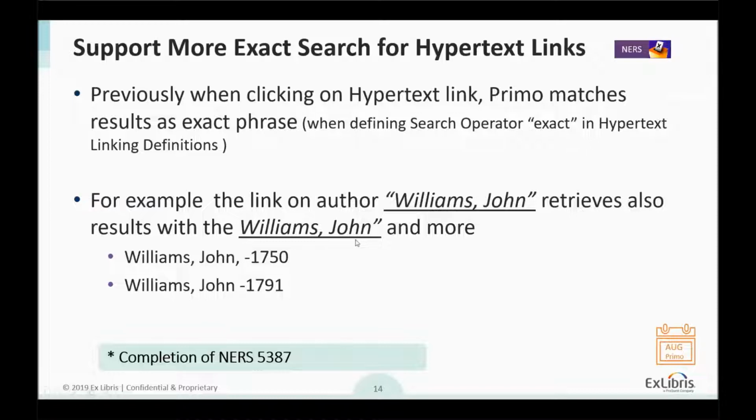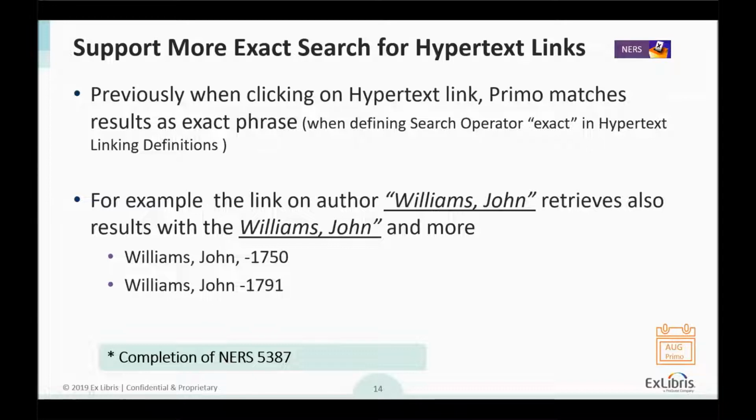That means that if I click on the hypertext link for William Jones, I also get results where we have William Jones as a phrase, but also results that have this as text around it. So we got feedback from the customers and from the Primo working group.